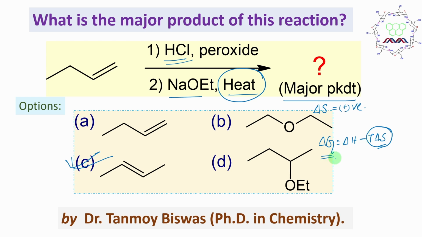And if delta G is more negative, the spontaneity of the process is greater, meaning that will be more favored. So that's why I am saying, while you are heating along with sodium ethoxide, elimination will be preferred here.